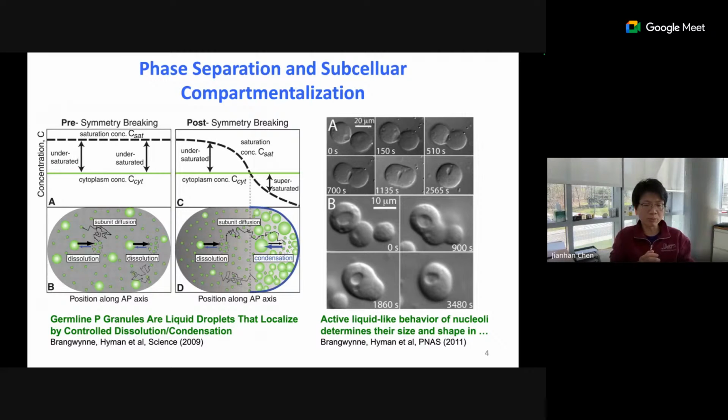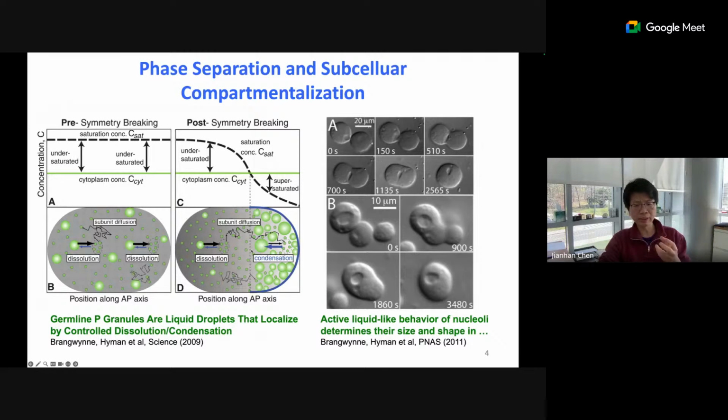So the major discovery made in 2009 was that, for example, these P granules are actually liquid-like droplets in our cells. For example, they showed that they can merge, they can wet the surface, and more importantly, they appear to form, condense, or dissolve as a function of concentration.